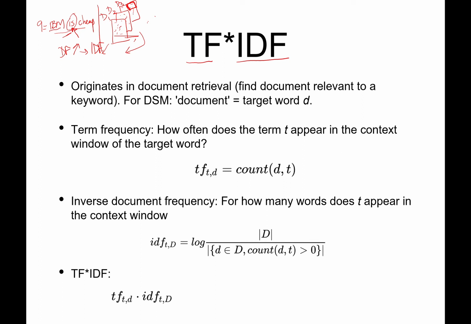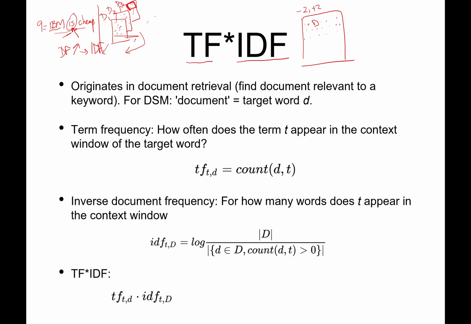But now, in this context, we're going to use the inverse document frequency, or TF-IDF, differently. We don't have documents here. What we really have is one big document, and a bunch of words. What I'm going to do is go to each one of these words, and take a context of -2 plus 2, let's say.